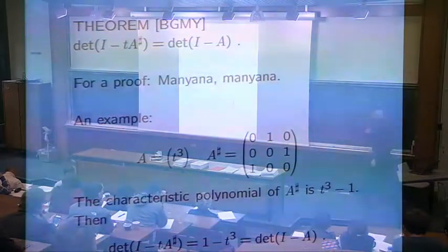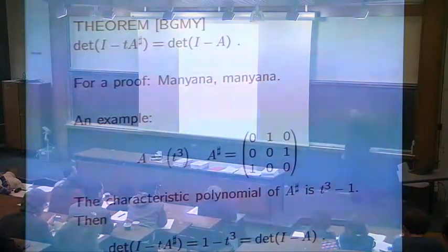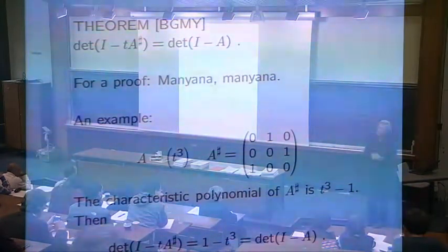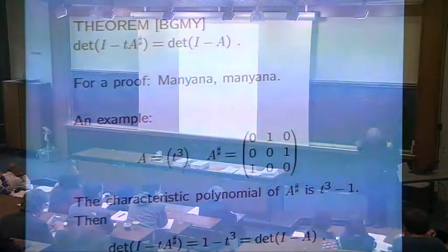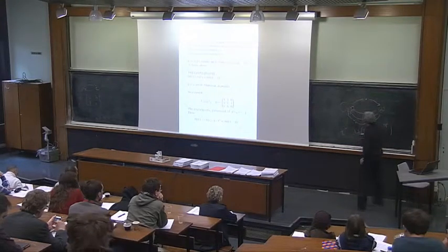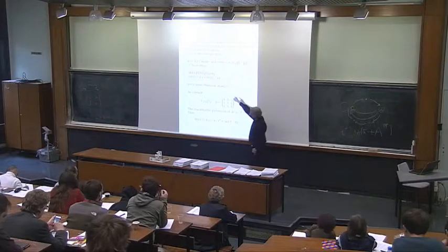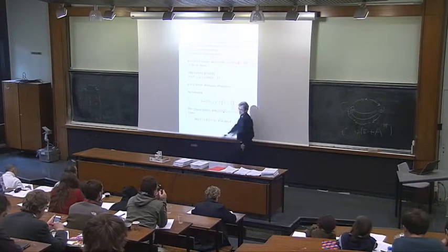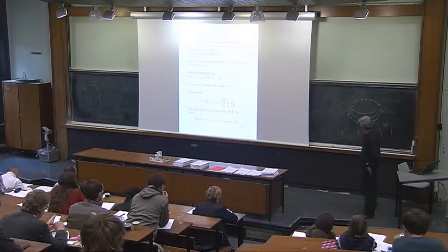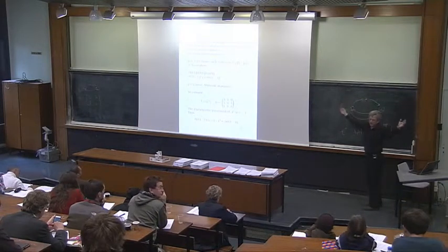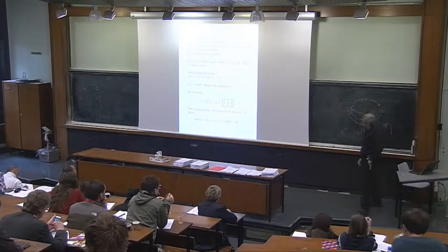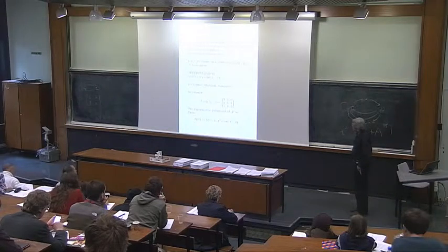We already know that the determinant of I minus t A sharp is encoding this sequence, the information of how many loops of length n there are for all n. So that's the periodic information. And this theorem is telling you that this periodic information is already computed just by that matrix A. You don't have to take A, blow it up into A sharp, and do some ugly computation. It's already there as the determinant of I minus A. All right. And for a proof, mañana.